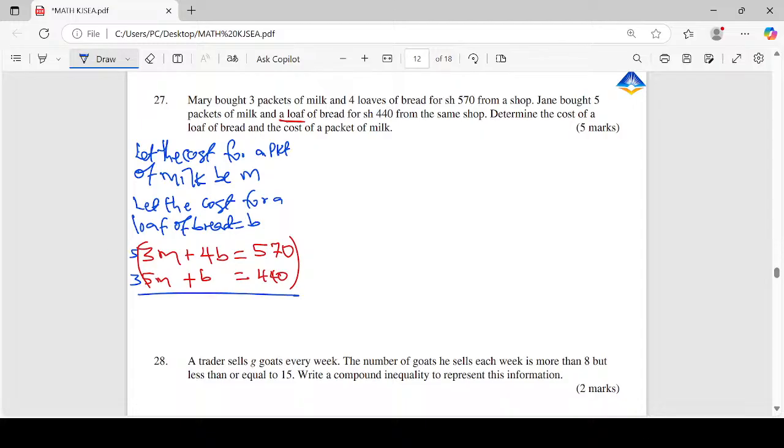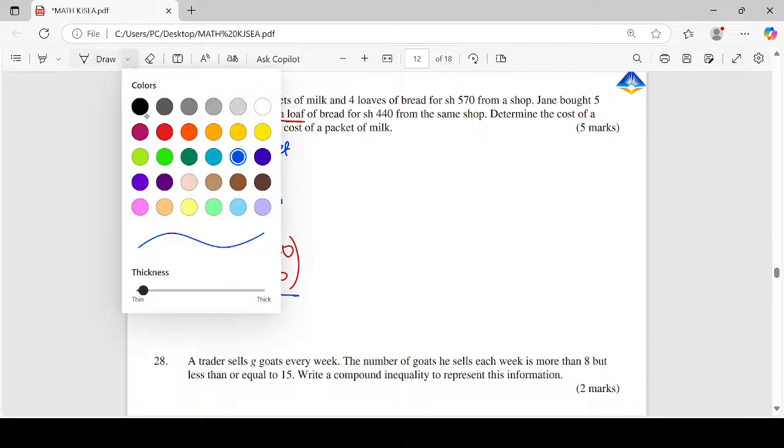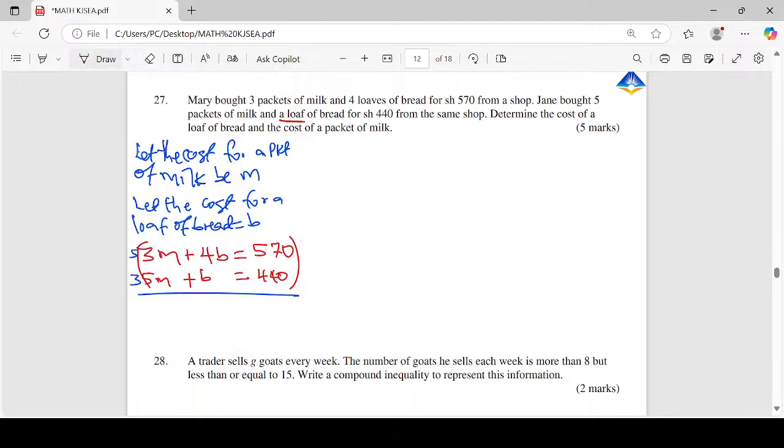Working it out, you are going to get, this is 5 times 3, that's 15M, plus 20B should be equal to 5 times 570. 5 times 570, you are going to get 2850.